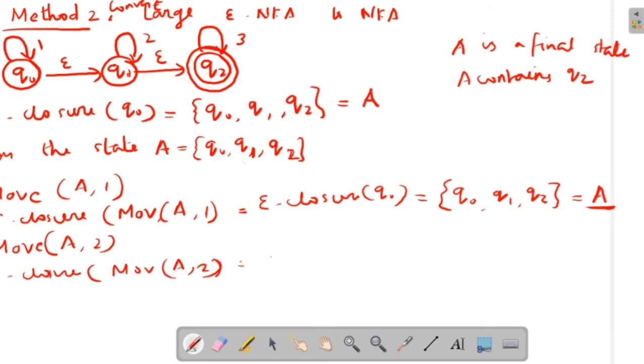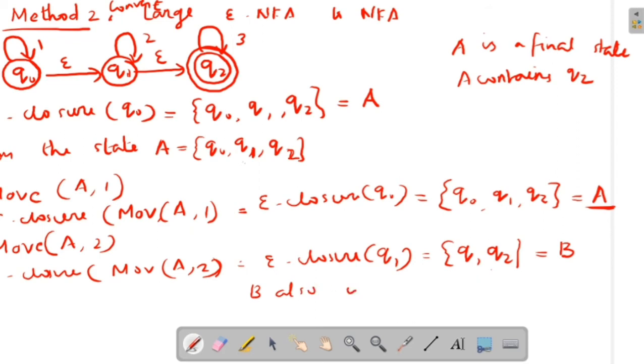So epsilon closure of move A comma 2 is epsilon closure of Q1, which is Q1, Q2. This is a new state, so we rename it as B. B contains Q2, a final state, so B is also a final state.